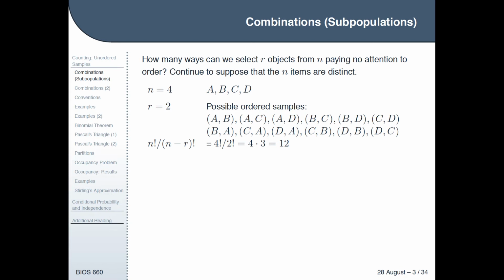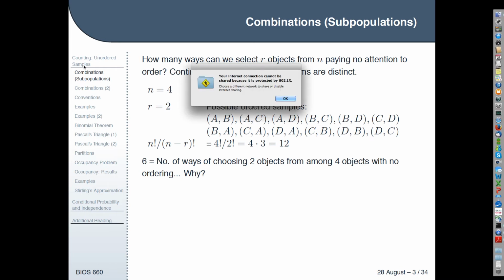But if we assume the order does not matter, then AB is the same as BA, AC is the same as CA, and so on down the list. So even though there are 12 ordered samples, there are only 6 unordered samples, because half of them are redundant.